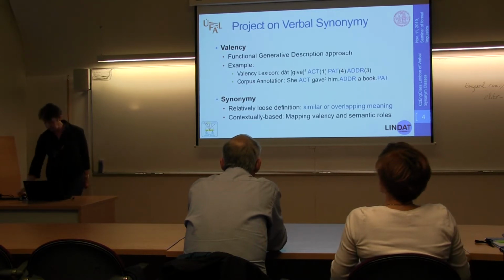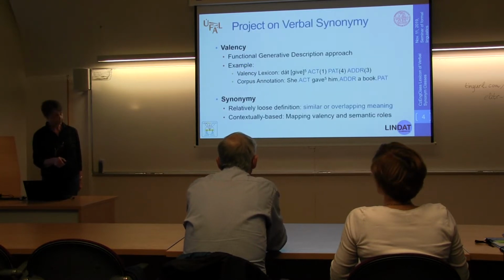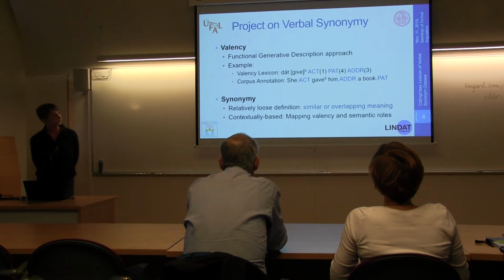On the slide you see one very simple example of the verb give. This valency frame has actor, patient, and addressee. In the brackets, there are also the morphosyntactic realizations.